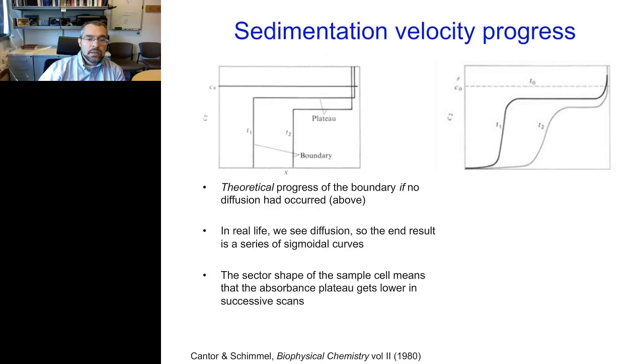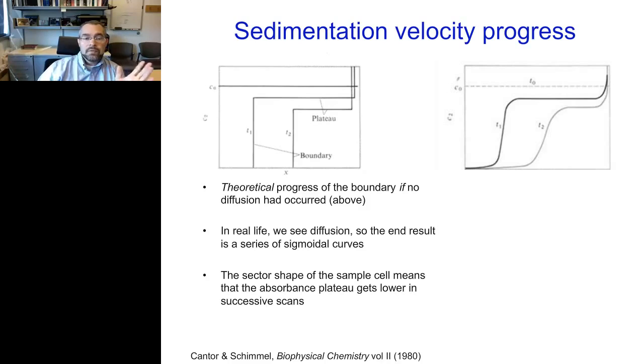If we wait another period of time, we'll see the right-hand situation where we have a boundary, and a plateau that has diminished again because of the wider portion of the sector. The spike is moving to the left because we're getting more and more protein slammed up against the back of the sample compartment and just getting stuck there.